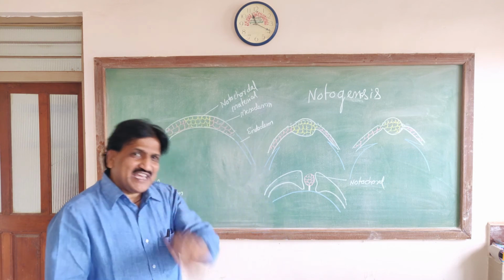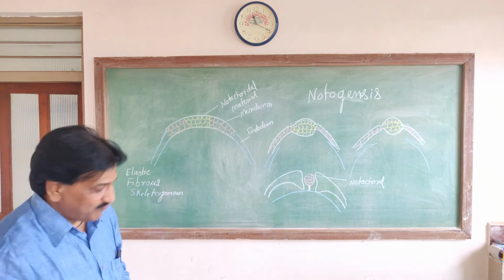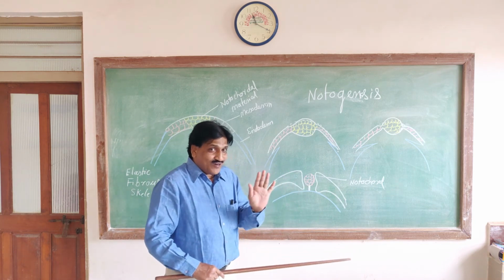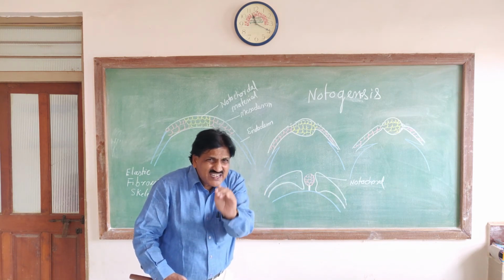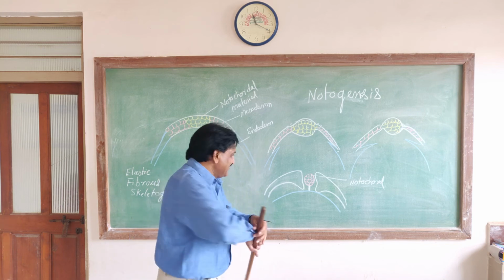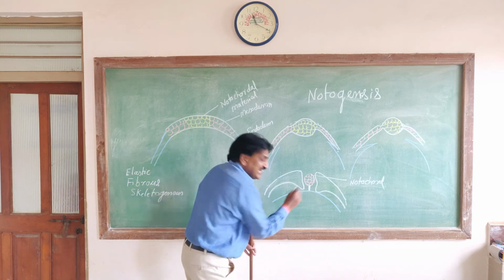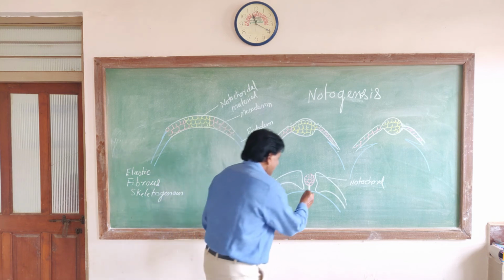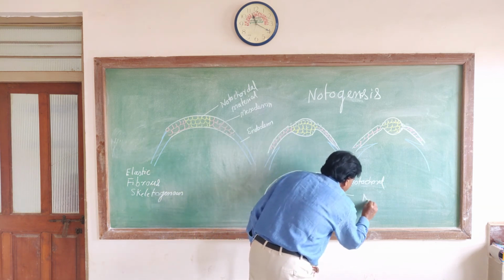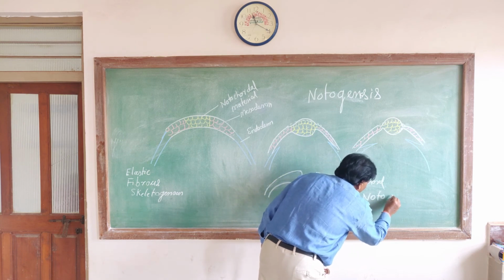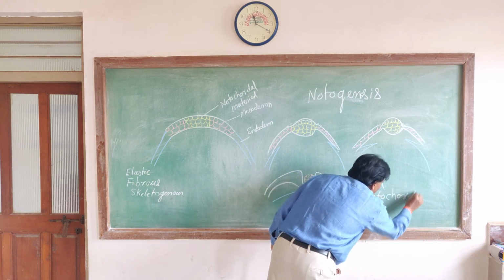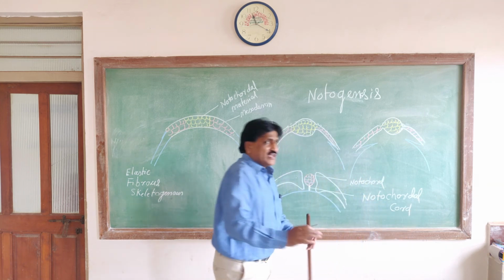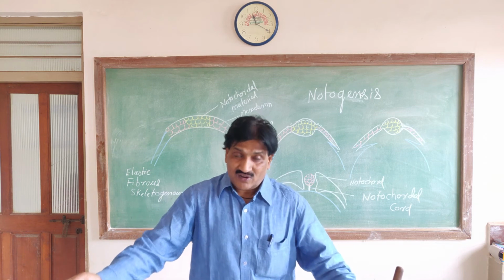Now here, in the case of the frog, we can find that the notochord is not completely separated from the endoderm. It remains connected with the endoderm through a kind of cord structure, called the notochordal cord, or subnotochordal cord.